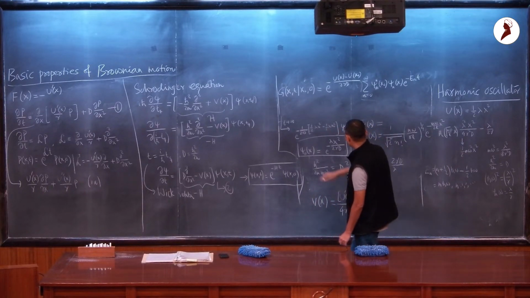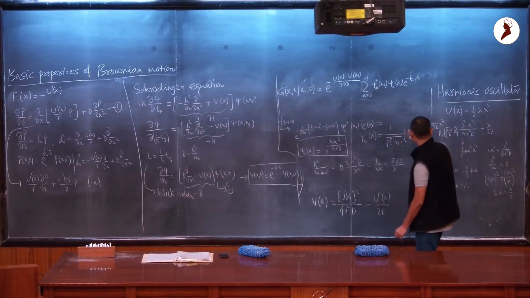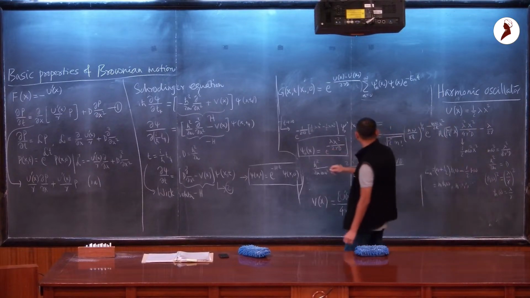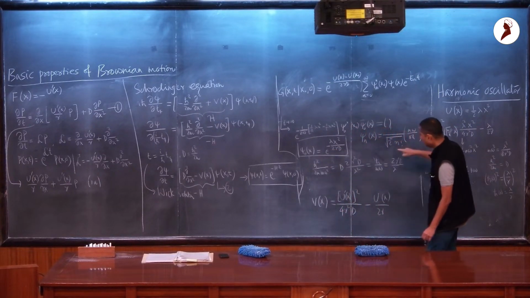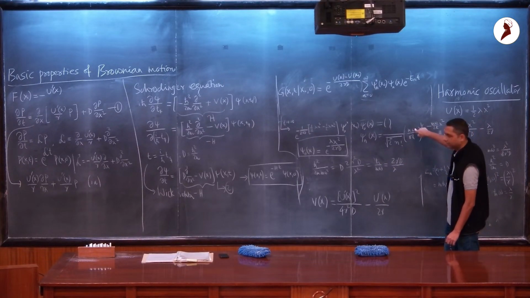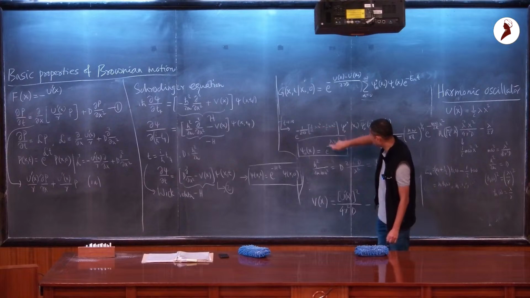There is of course this normalization. These normalizations are coming from this term, right? You'll see that it will be exactly the same normalization, because this is πħ by mω. We will come to the normalization later. So you see that psi is this, and this is the same as this, right?